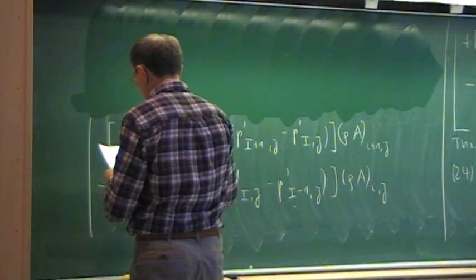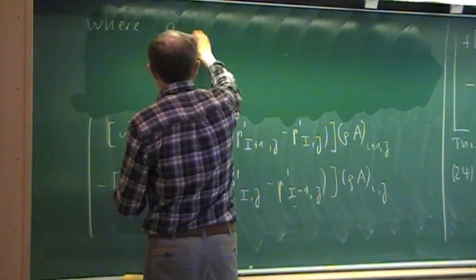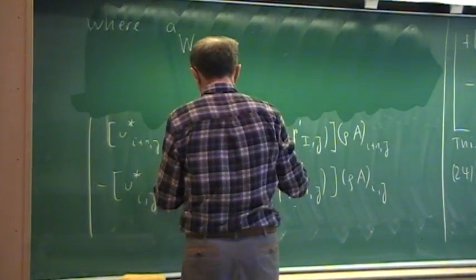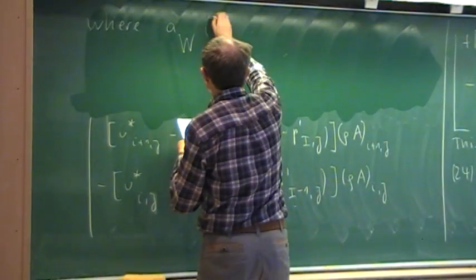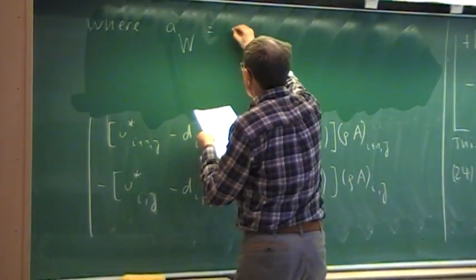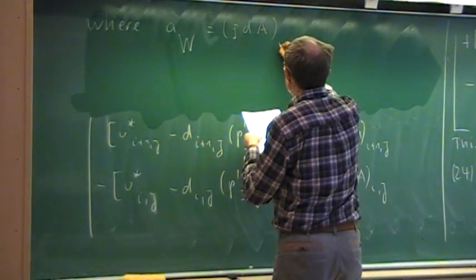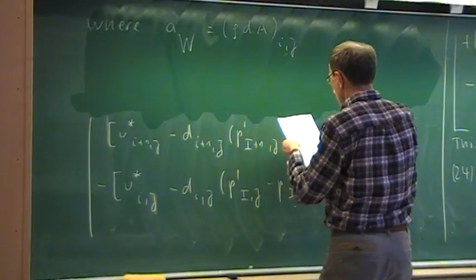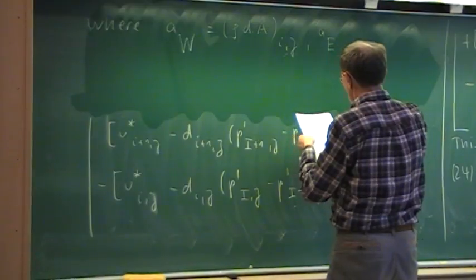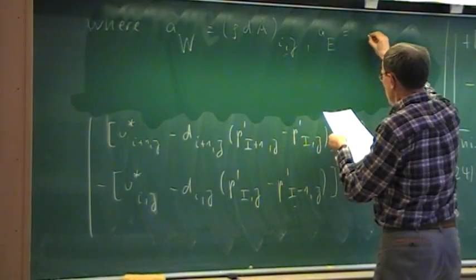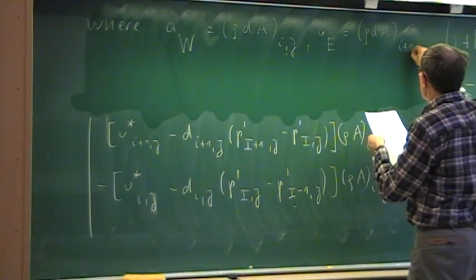Where the AW at IJ is equal to rho dA, so the d is simply added to that, IJ, and the AE is getting values from rho dA from I plus 1j.